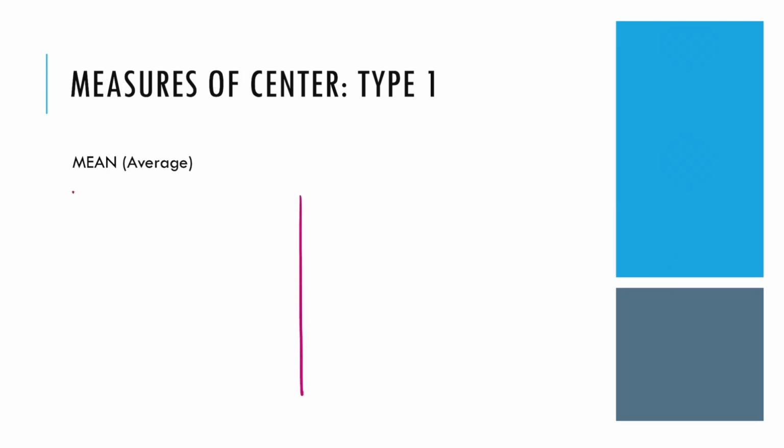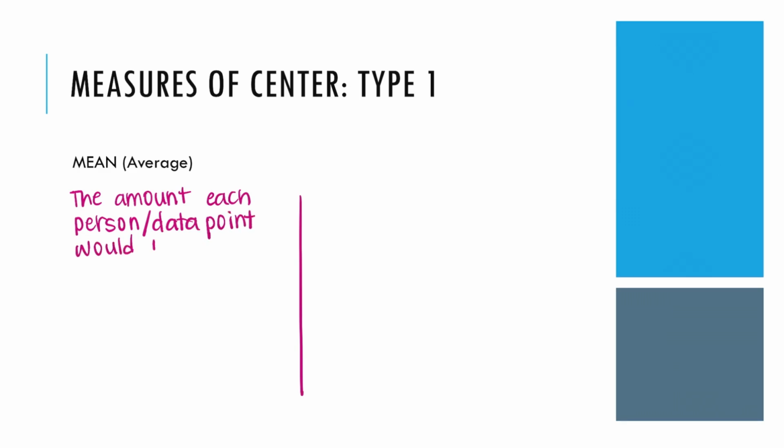The way that makes mathematical sense to me is that it represents the amount each person, or each data point, would have if they all got the same amount.